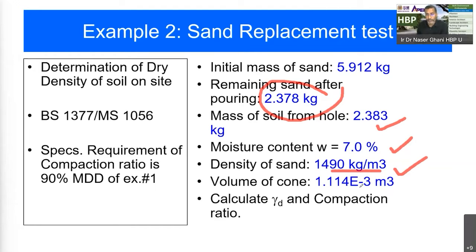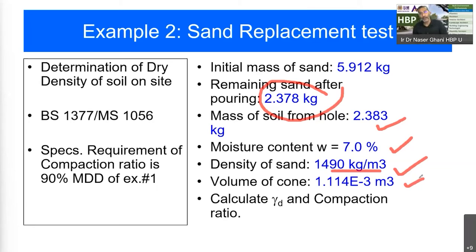The volume of cone. This is actually the volume of the container with the cone that we used to release sand, remember? So we need to know the volume of the cone so that we know the amount of sand that is actually in the cone but not in the hole. So we need to deduct that, remember?